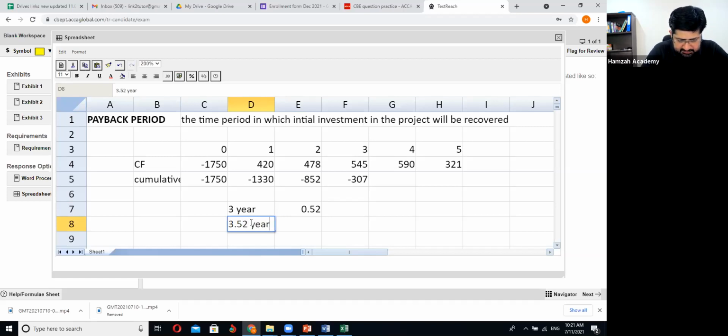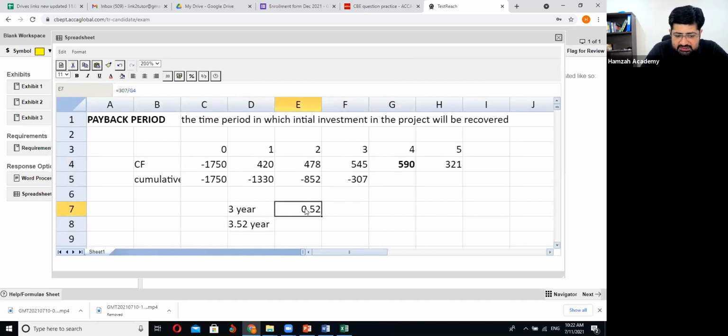I repeat. Cumulative to date. This received, remaining. This received, remaining. This received, remaining. Now we need this. Year 4 has this total cash flow.